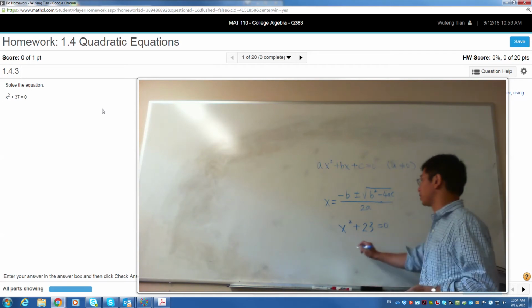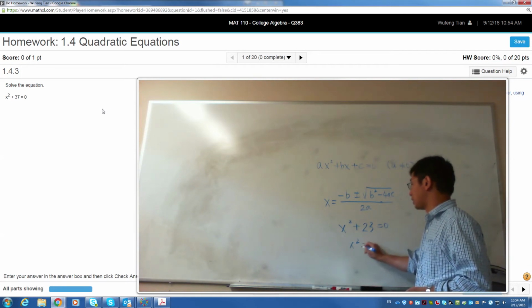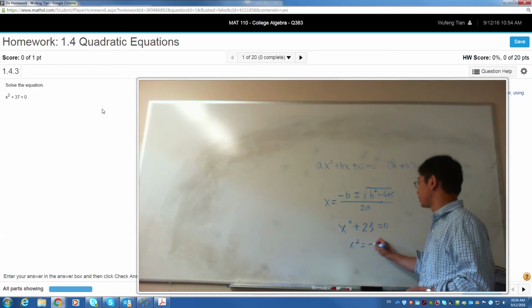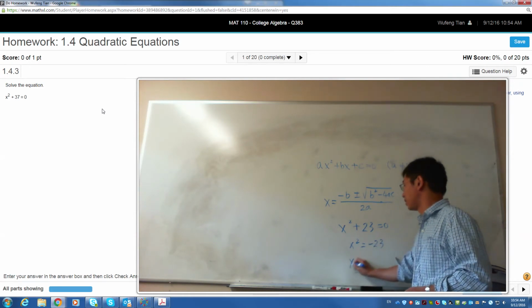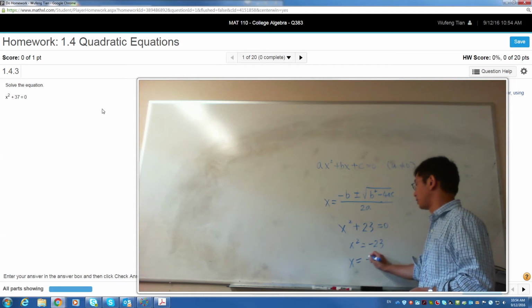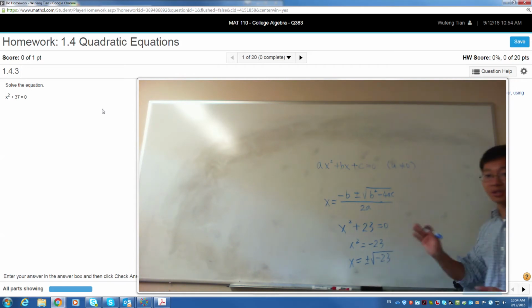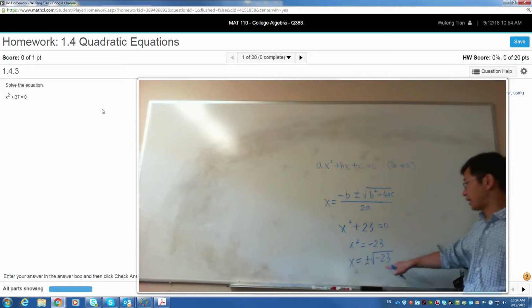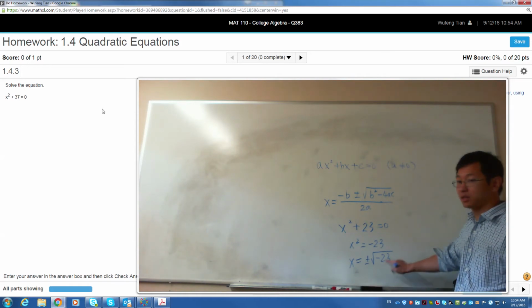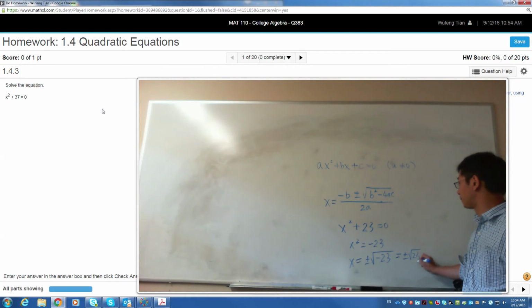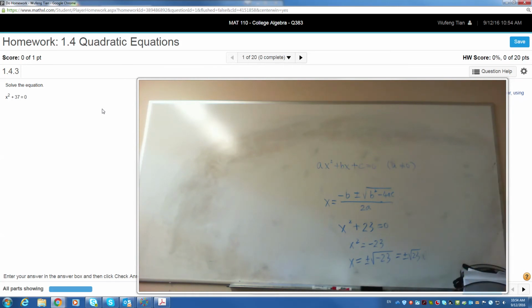You subtract both sides by 23, so x squared equals negative 23, and x equals positive and negative square root of negative 23. As we said in the previous class, the square root of a negative number is a complex number. So the answer is just positive and negative square root of 23 times i. If you are familiar with the quadratic equation, you can solve it this way.